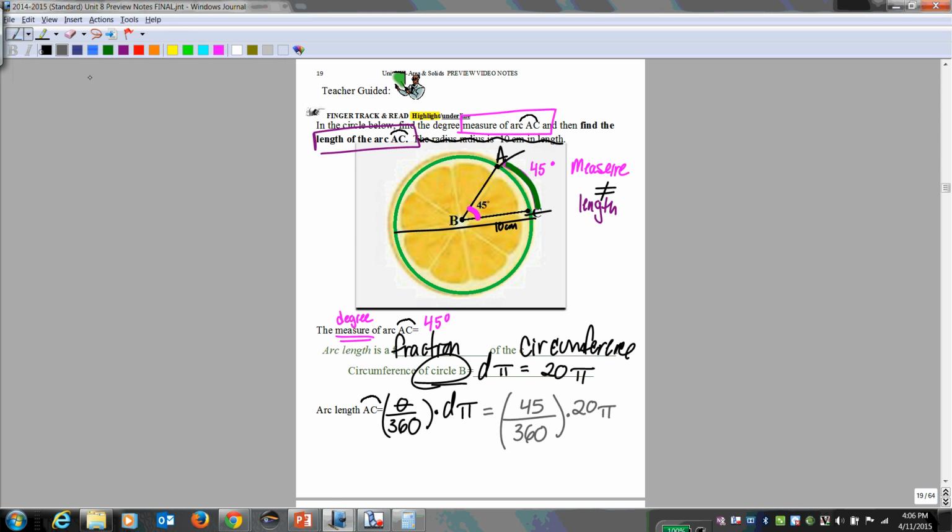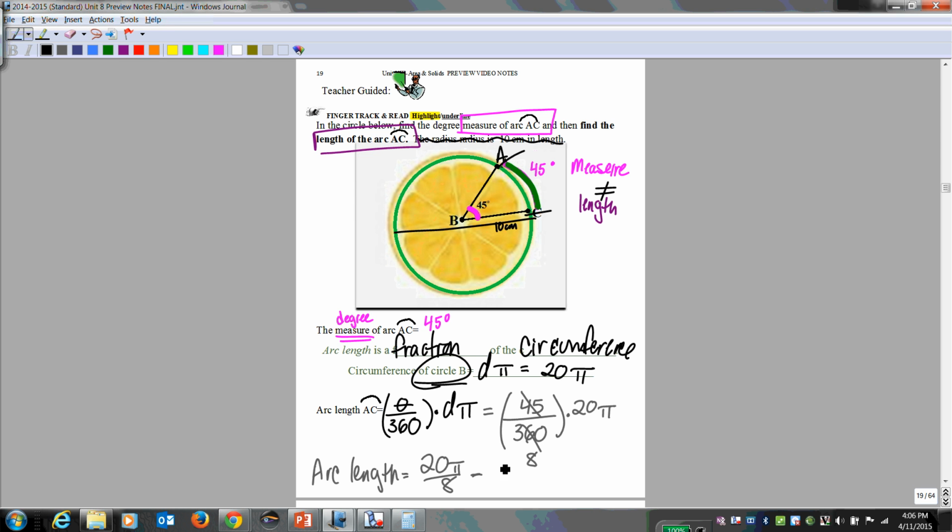I know 45 goes into 360 8 times, so there are two ways I can express this arc length. It's going to be 20 pi over 8, or I can reduce that by 2. Actually, I can reduce that by 4.